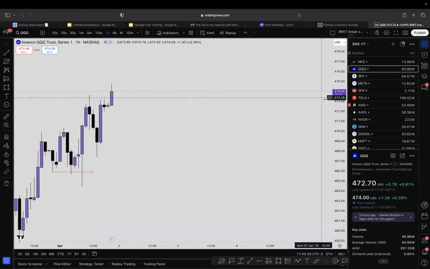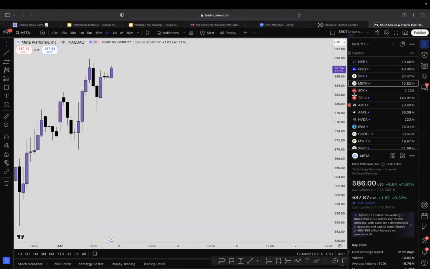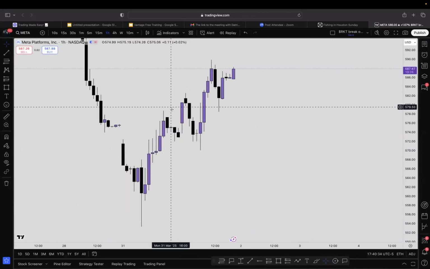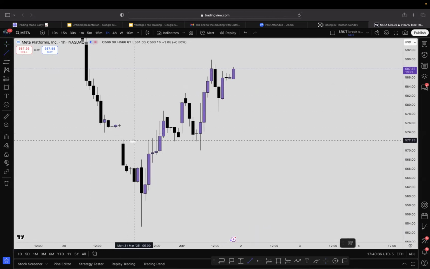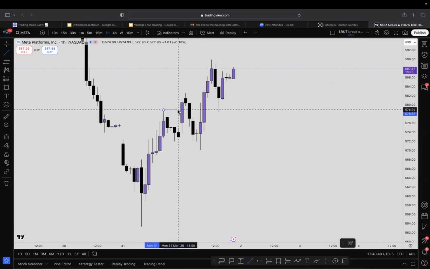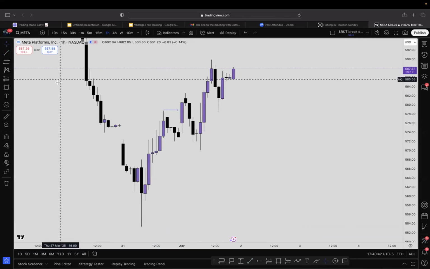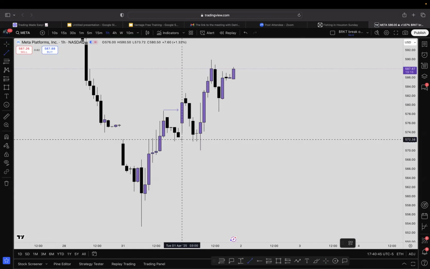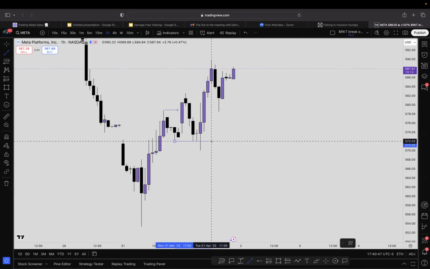Actually, that's pretty much identical to what we just did. Let's do Meta. So over here with Meta, let's just take this bullish range. Here we have our shift. Here we have our first low.